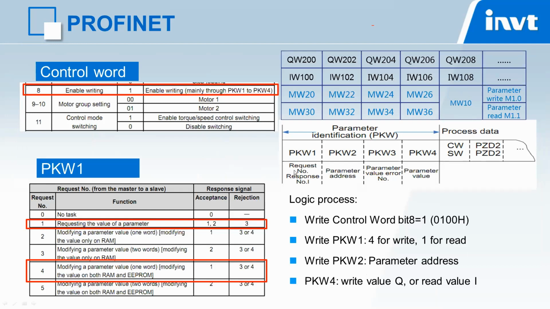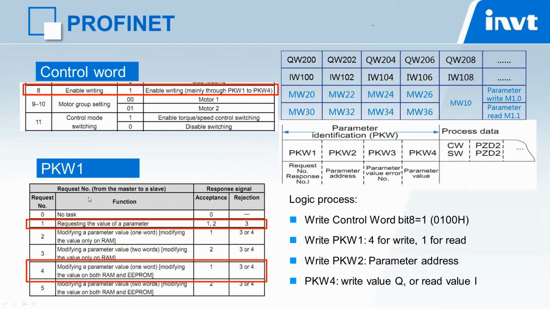If we want to read or write the parameter values directly, we can use PKW1 to PKW4. But this is very important. If we want to change the PKW, we must write the control word bit 8 to enable writing the PKW1 to PKW4.